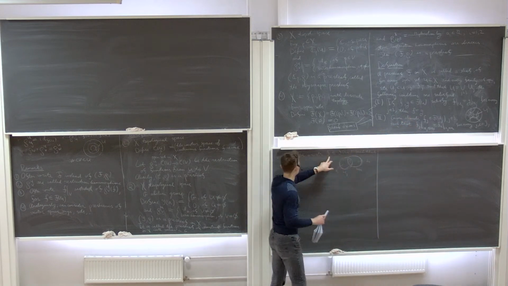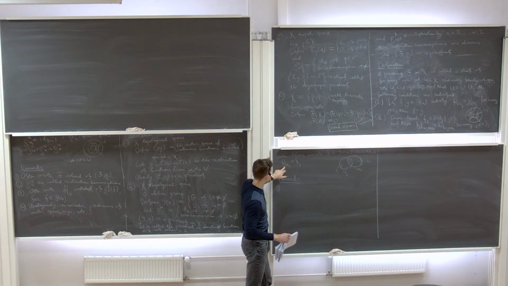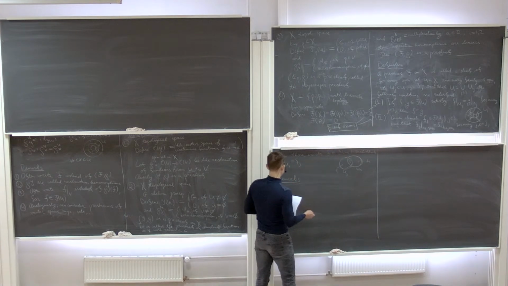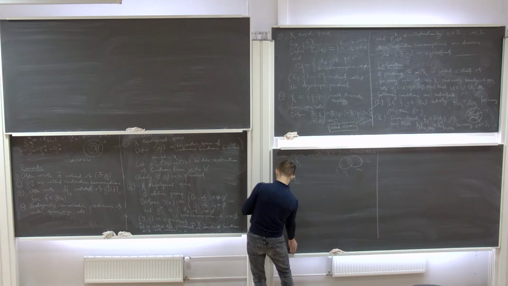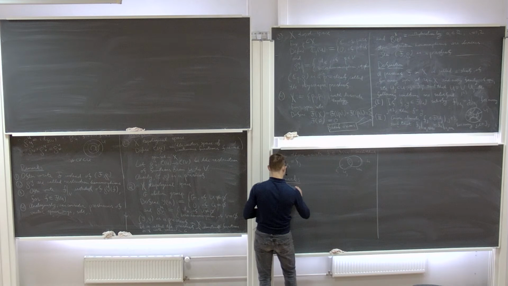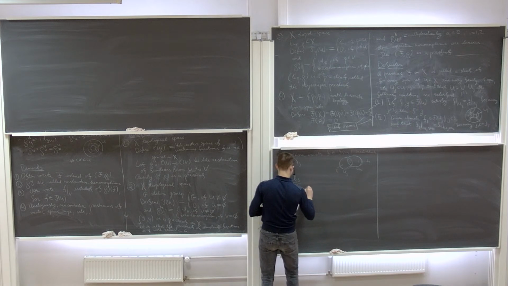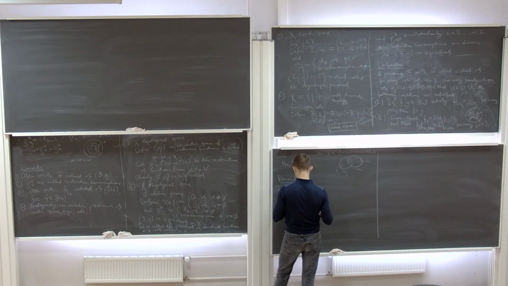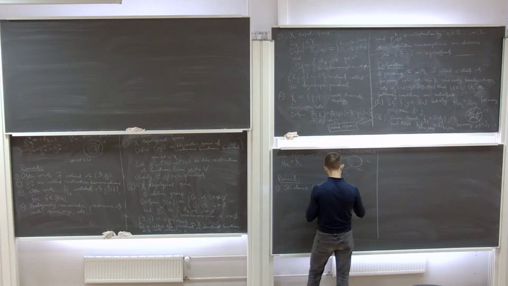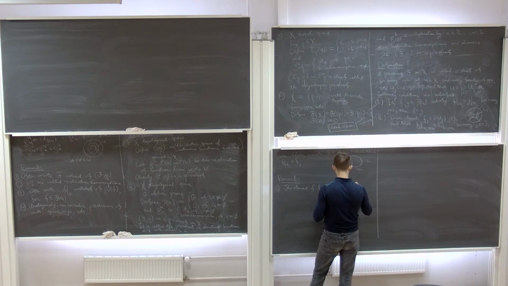This element satisfies the property that its restriction to Uj is fj, but then by axiom one it is uniquely determined.